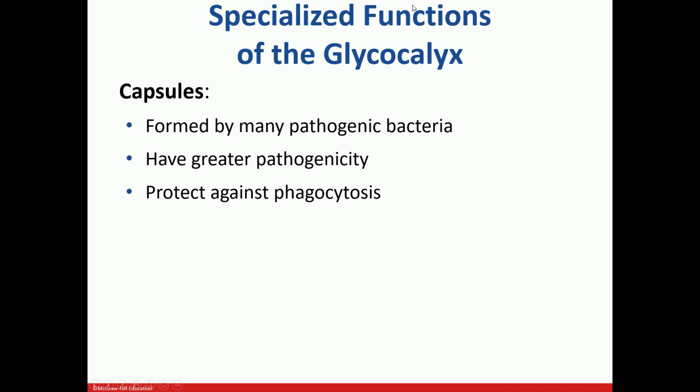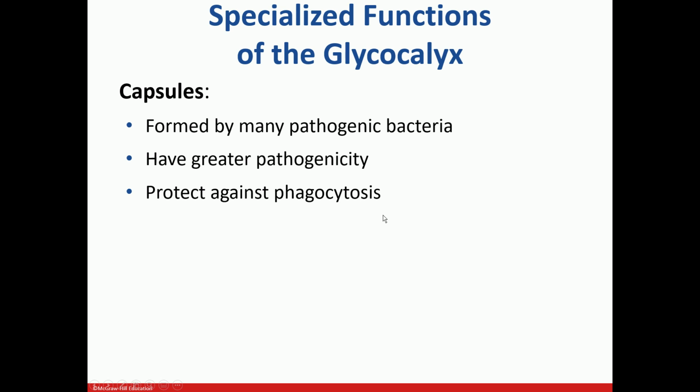Okay, so what is the function of capsules, why do some bacteria produce a capsule, and what advantage does a capsule give to the bacteria? Capsules are formed by many pathogenic bacteria. Some of the bacteria which are very pathogenic and can cause diseases produce capsules, and they protect against the process of phagocytosis.